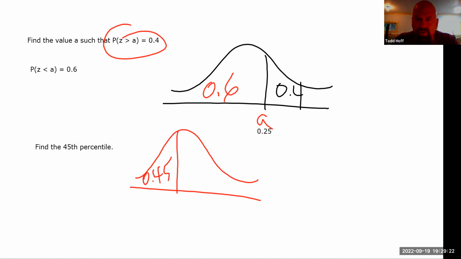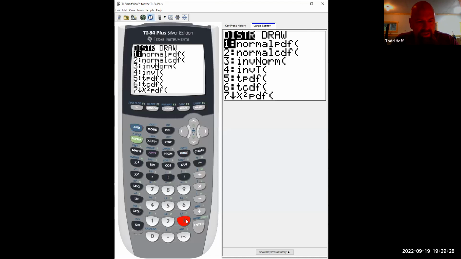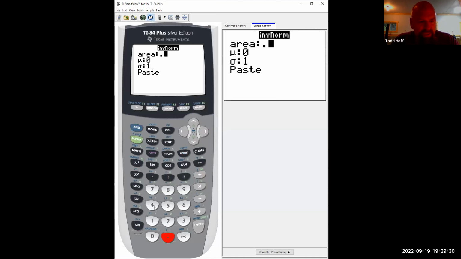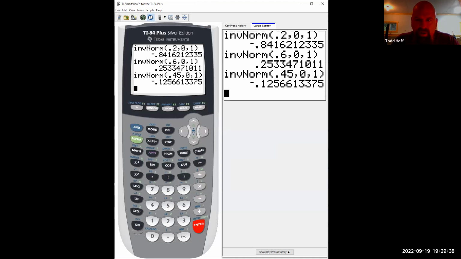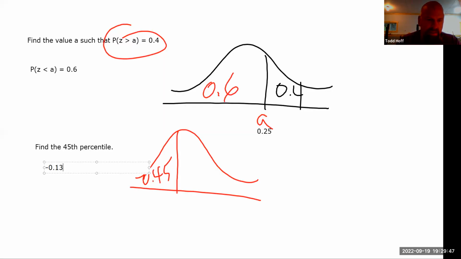We're just going to go to the calculator. Second distribution, inverse normal, and just put in that percentile, 0.45, keeping our mean of 0 and standard deviation of 1. So it's a negative 0.13 that would be that value. So the 45th percentile is a negative 0.13.